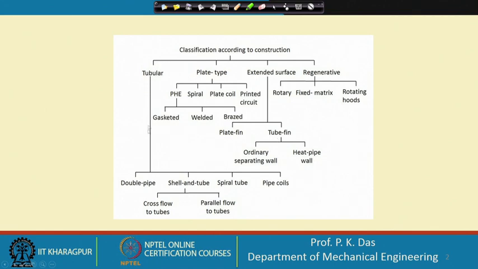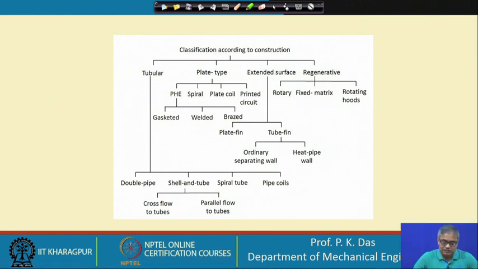So, first thing we see the tubular heat exchanger. Tubular construction, a pipe of circular cross section, that is very common in industry, and human beings have adopted the same thing in the design of heat exchangers from very early days. So, tubular heat exchanger, the simplest type could be a double pipe, and I have shown it in one of my earlier lectures.